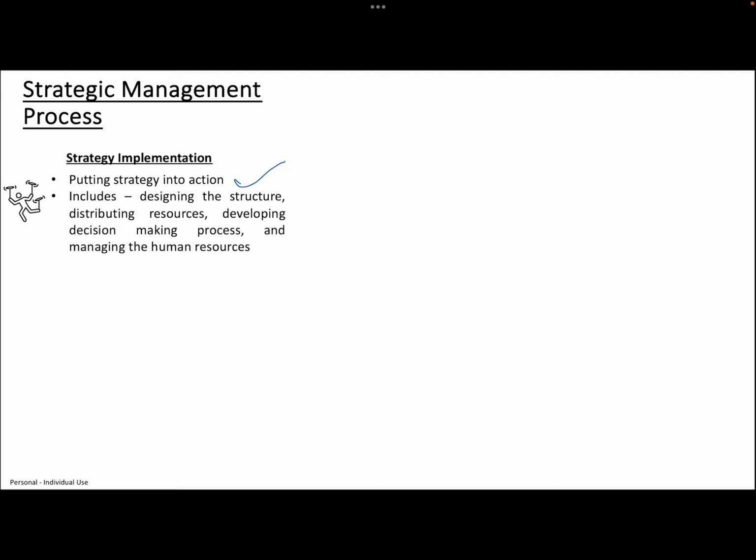It includes designing the organization structure, distributing the resources, developing decision-making processes, and managing the human resources. So putting everything in the right place to make the strategy work: proper structure, proper people allocation, allocating all other resources. Everything is part of strategy implementation.